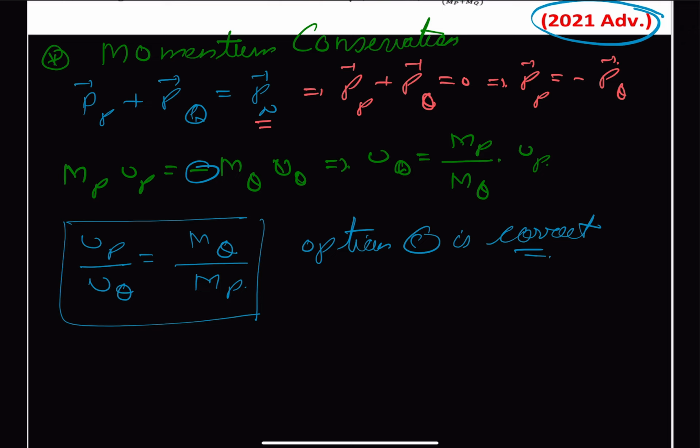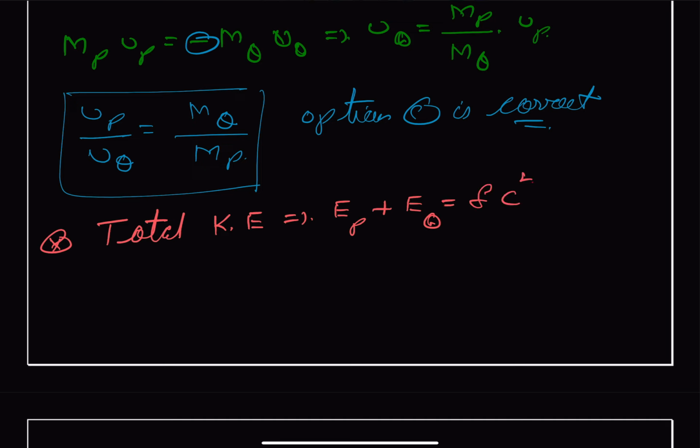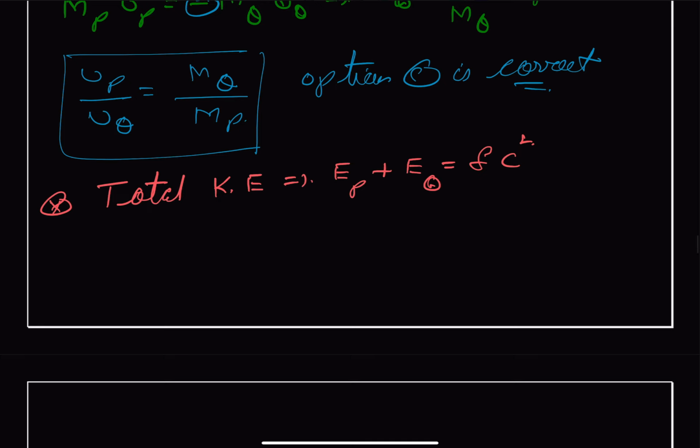Now let us consider the kinetic energy part. Total kinetic energy: kinetic energy of P plus kinetic energy of Q will be equal to delta into C square. This is basically from the mass defect.